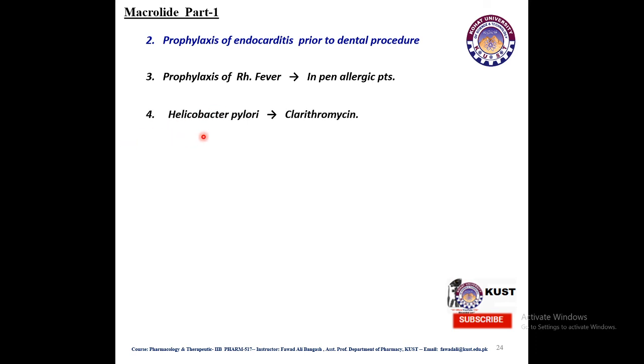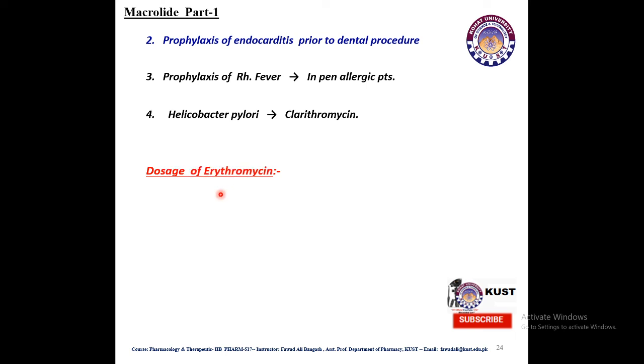In Helicobacter pylori, erythromycin is used. It is specifically used in patients having a peptic ulcer for the eradication of H. pylori infection. It is used in both the triple and quadruple regimen.